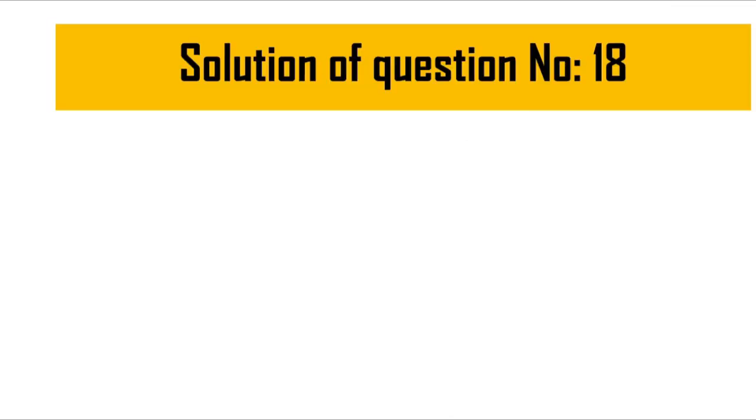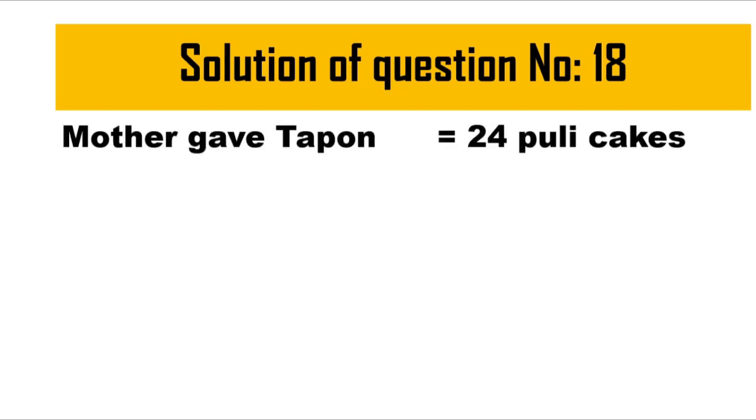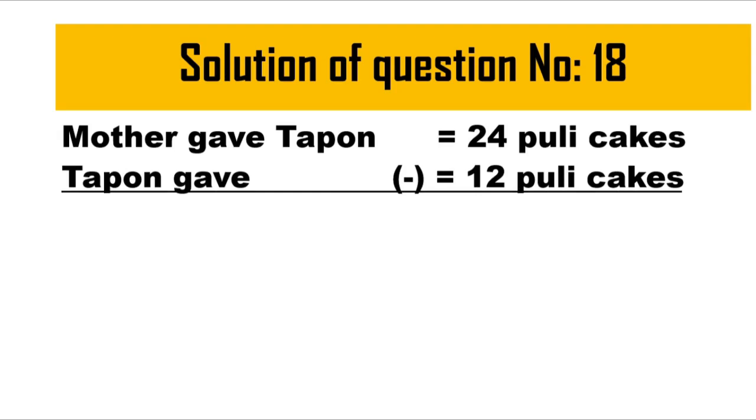Dear students, this is the solution of question number 18. In the first line, you should write that mother gave Topon 24 pulley cakes, and it is mentioned in the question and also on the page. In the next line, you should write that Topon gave 12 pulley cakes.